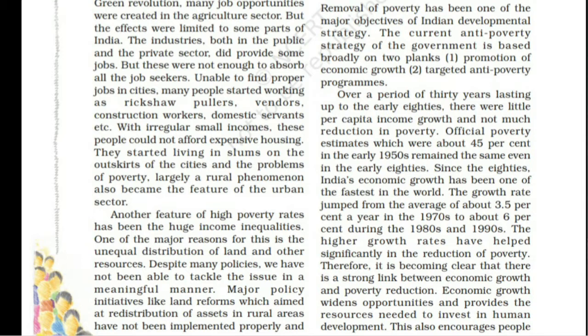So job seekers were more than the job opportunities. Many people were unable to find a job, and what happened? Many people started working as rickshaw pullers, vendors, construction workers, domestic servants, etc., with irregular small incomes. So another reason of poverty is unemployment.